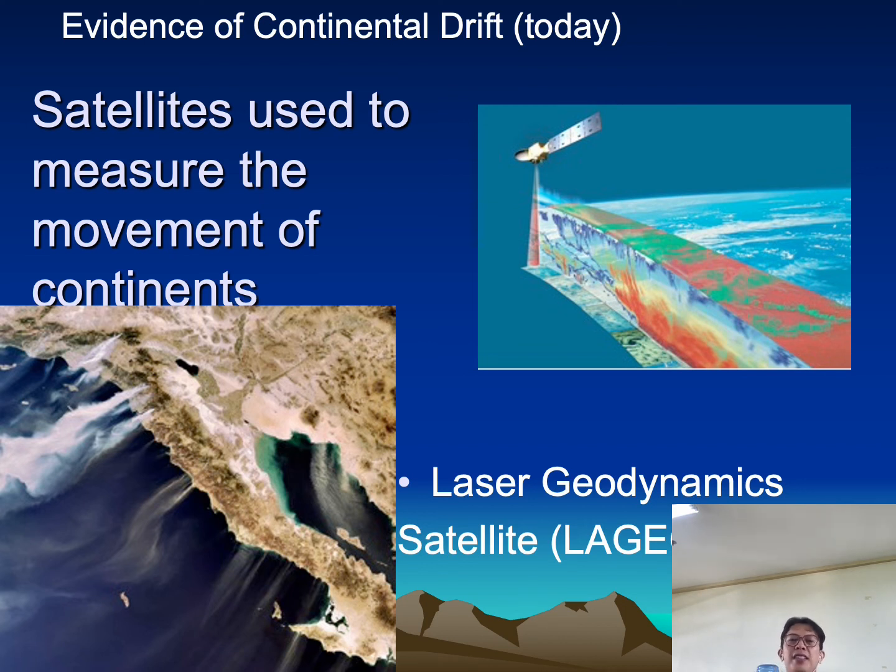Meron bang mga movements? We have now the technology of satellites, the laser geodynamics. So this time, hindi na pahirapan sa mga scientists na i-check whether or not the Earth is really drifting or the continents are really drifting. Because we have now satellites used to measure the movement of the continents.